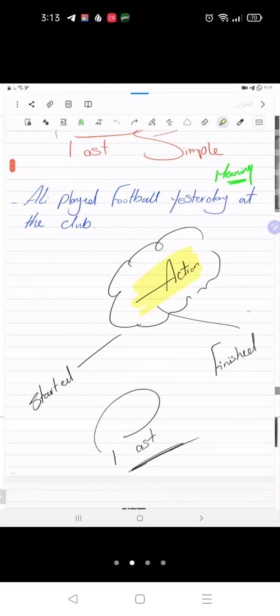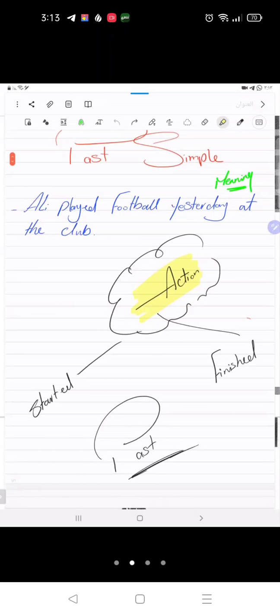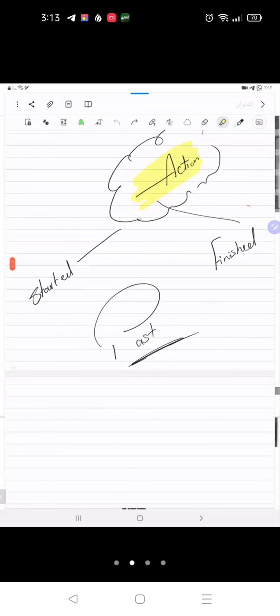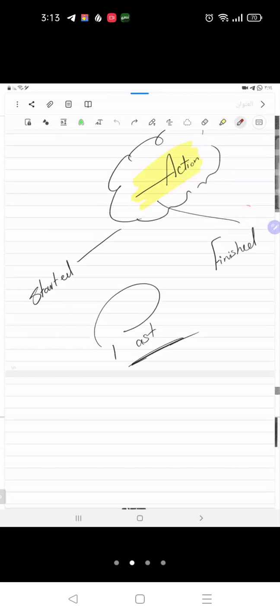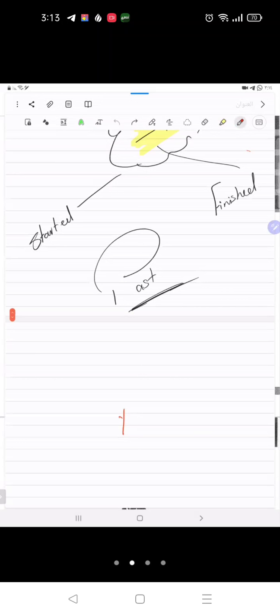In this sentence, we are talking about yesterday. This is the beginning of the action. So this is yesterday. This is the past. Okay, let me tell you something.